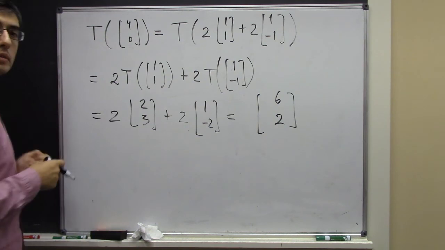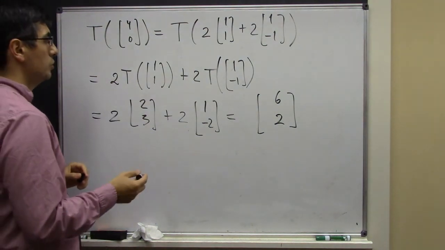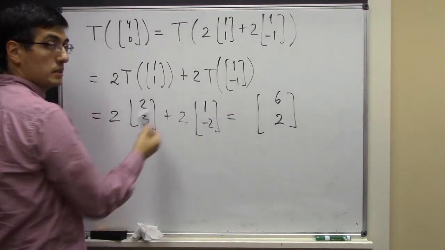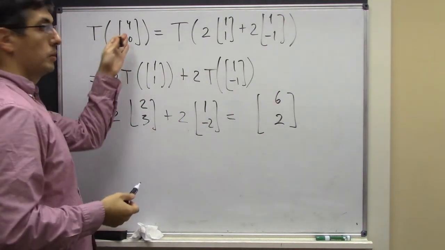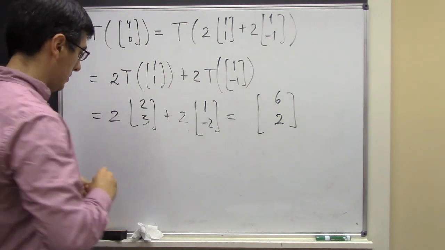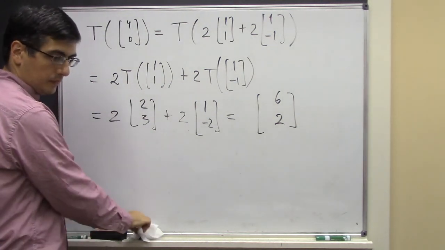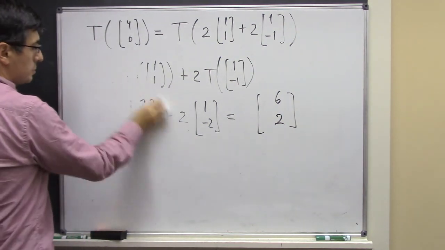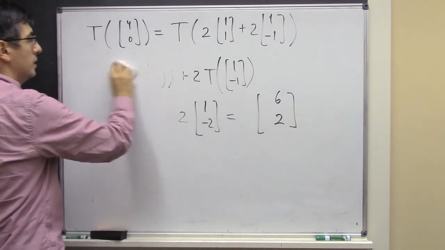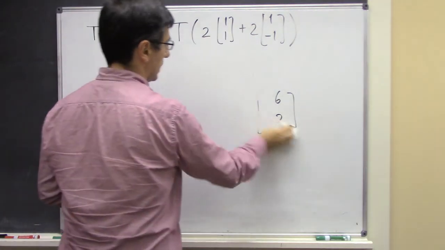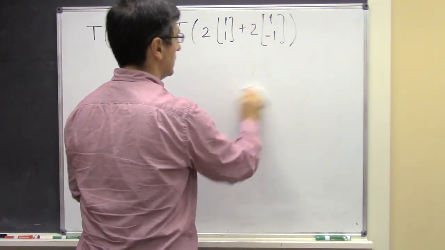Now, this kind of gives you an idea that if you know the values of T on only these two vectors, you should be able to determine the value of T on any vector, right? And just for completeness, I'm over time, but there's a video lecture, so I'm taking the liberty of continuing.